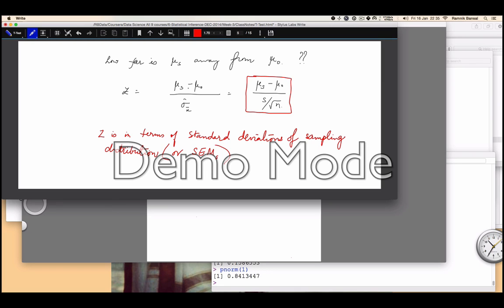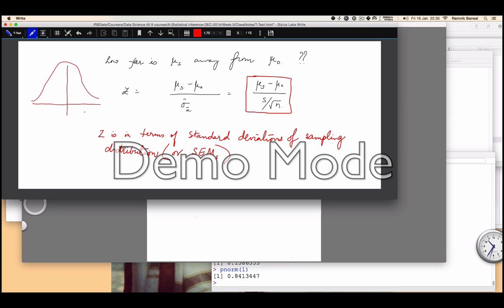So basically, if we were to take the distribution of the mu samples, I'm taking the distribution of the samples, not of the population.